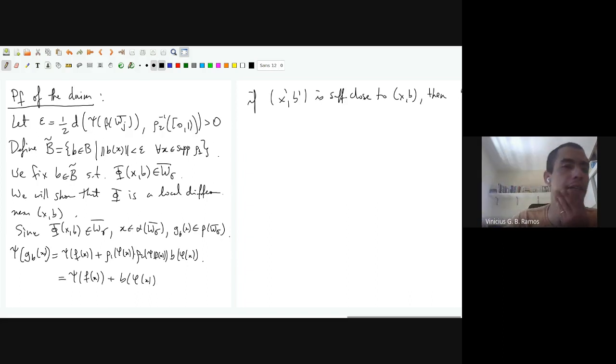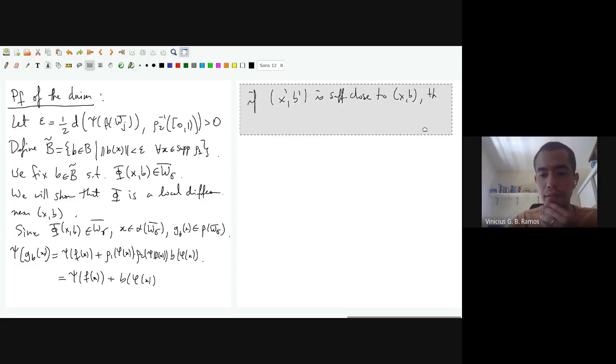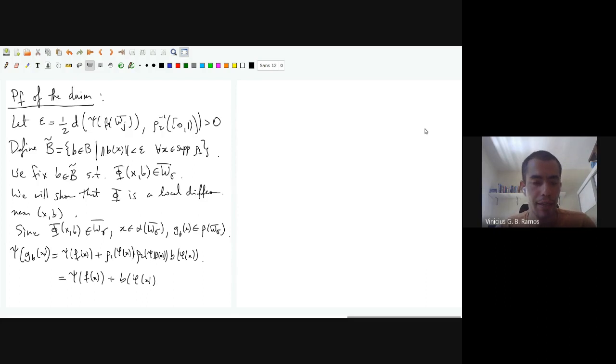oh, no, sorry. I thought I didn't need the calculation, but I do need that. I'm sorry, this is true for x, because the norm of b is less than epsilon for every x in the support of rho 1.